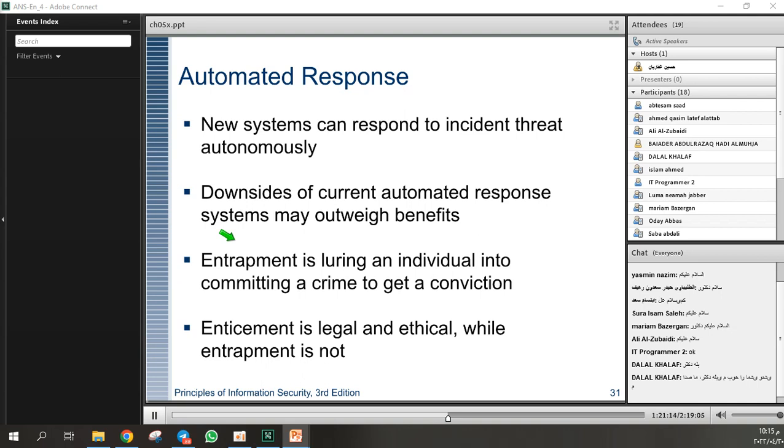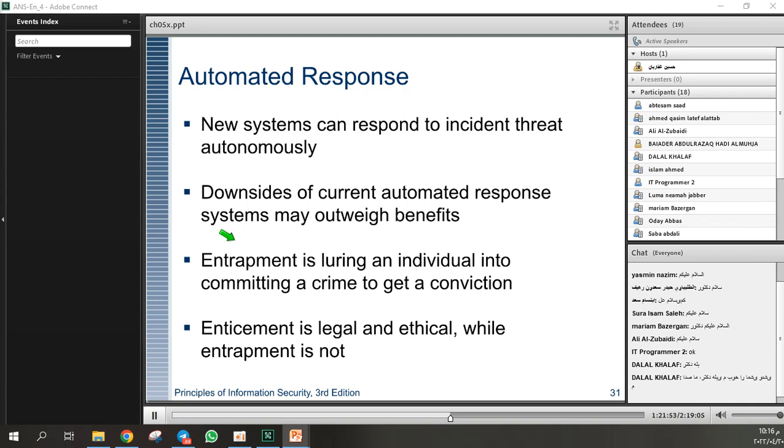You decided to do, for example, a terrorist attack, a biological attack. We call it entrapment. How do you say that he tried to do that? Maybe he regretted it before doing something.